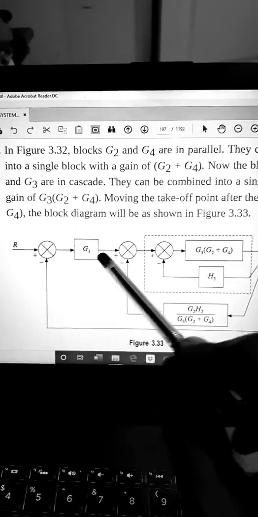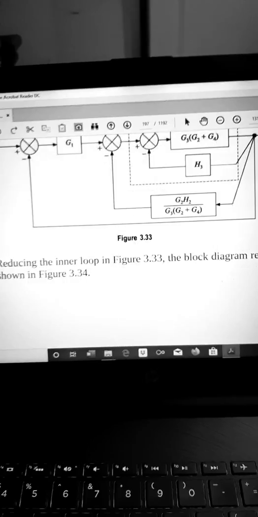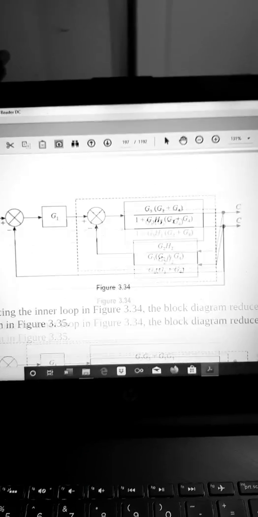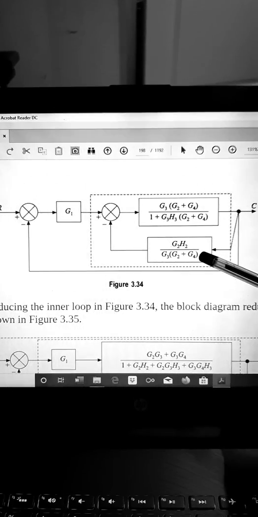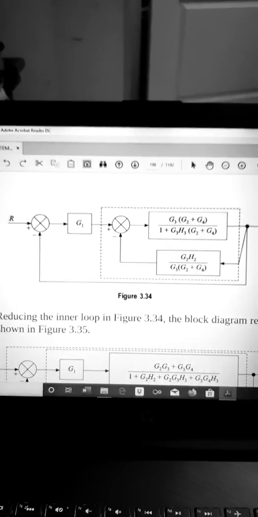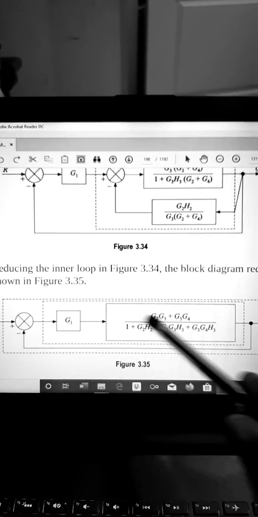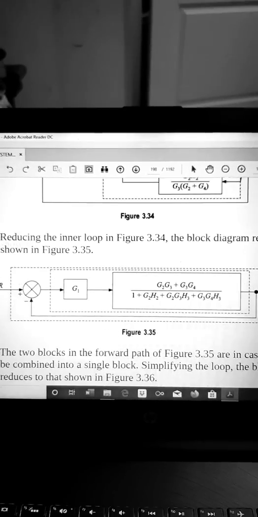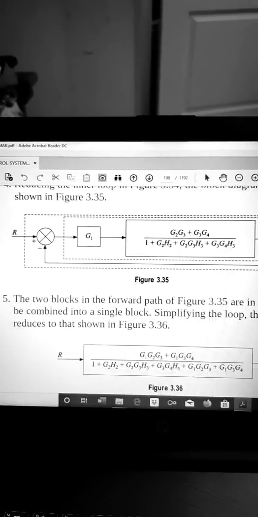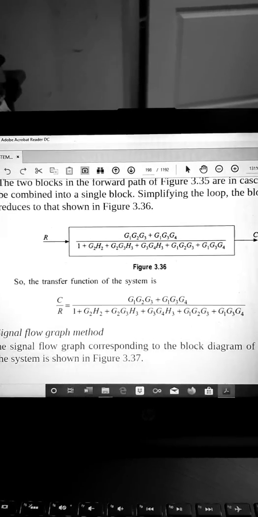After reducing it, you multiply by this. It is now very easy to do the reductions. After the reductions, you multiply these and get the final answer for C by R.